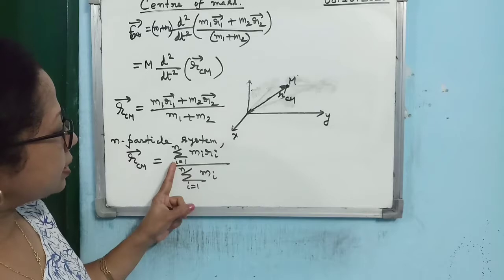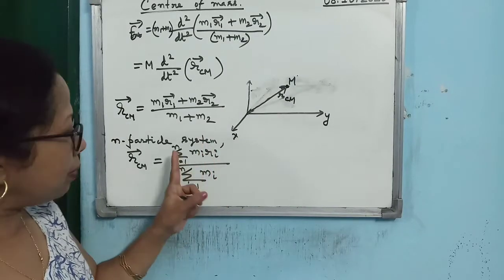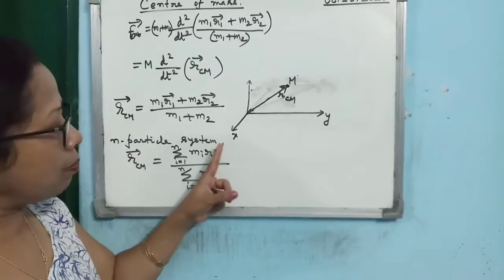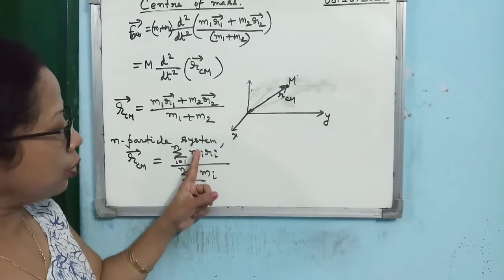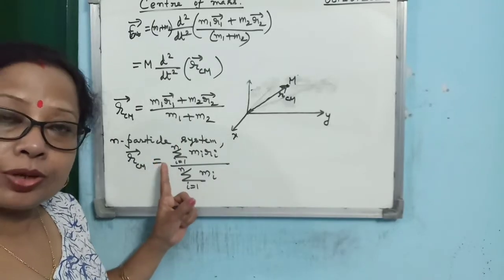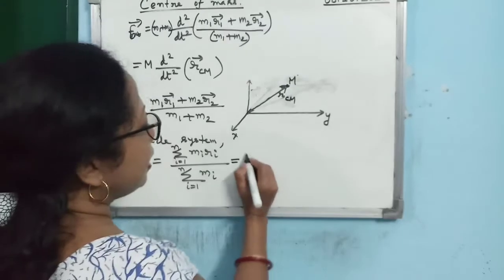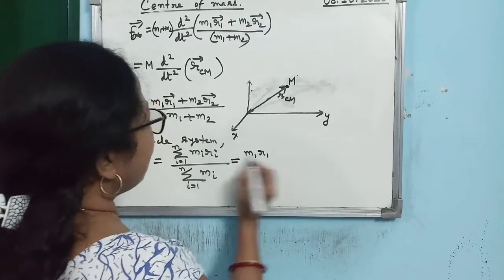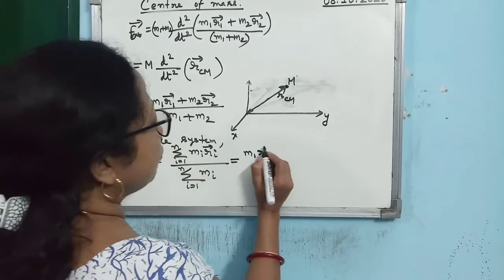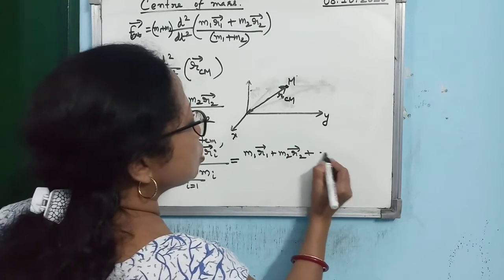First of all, you will consider i equal to 1, so it will become M1 R1. Then sigma means sum, so it will become plus. Then i equal to 2, so M2 R2, then plus. Then i equal to 3, so it will become M3 R3, and so on. If you expand it, it will look like this: M1 R1 plus M2 R2, and so on.